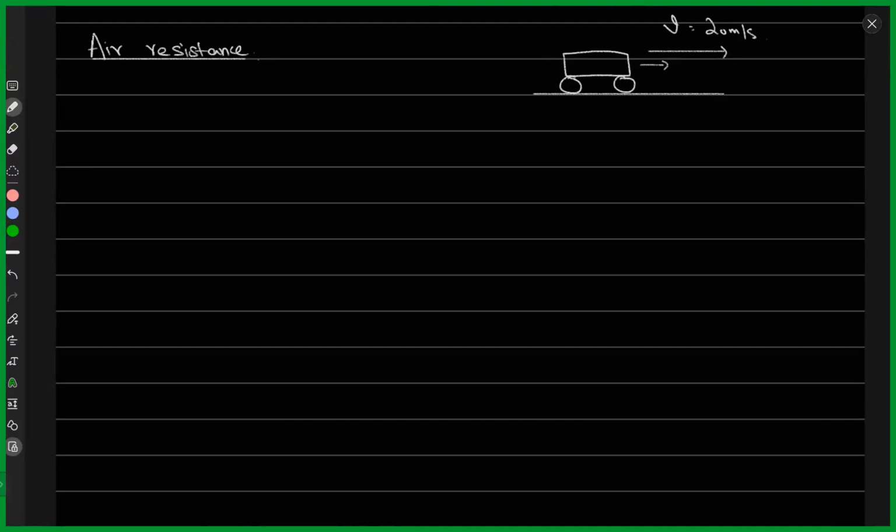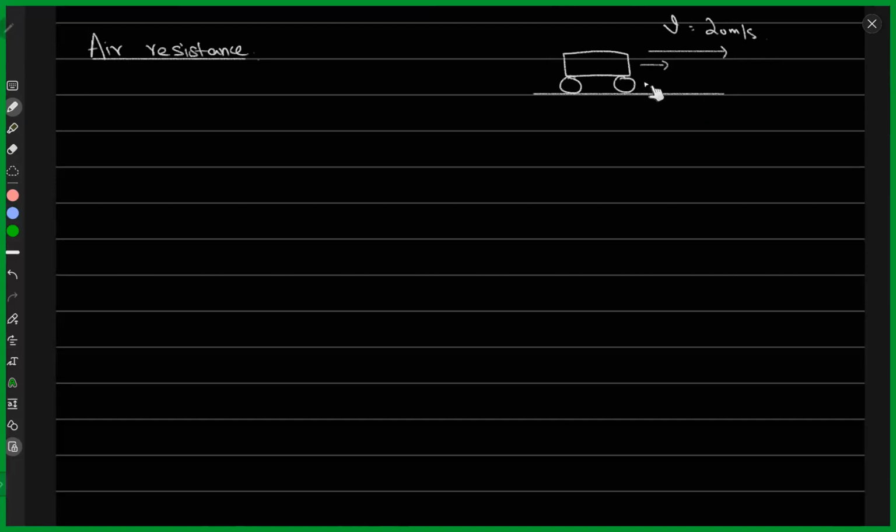Everybody agrees with that? Of course, you cannot see the air because the molecules are so small, but air does not mean that there's nothing over there. If you have to move through that space, you have to push that air out of your way, and that's what this car has to do.